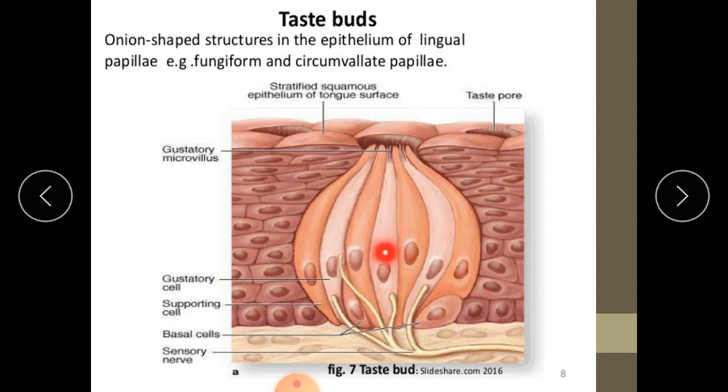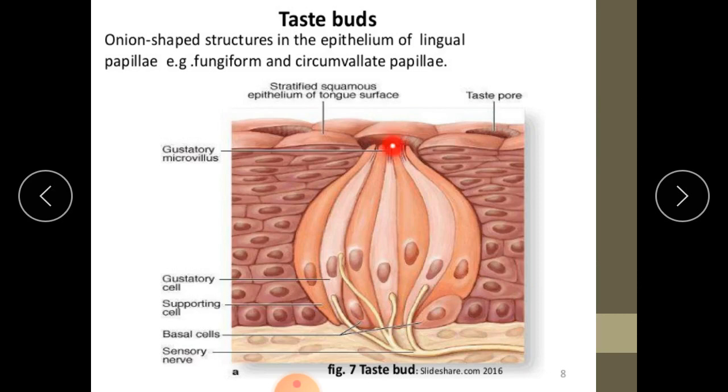In between the taste cells, supporting cells are present. The taste cells are also called gustatory cells, and there are basal cells as well. From the gustatory cells, nerve endings originate and are sent to the brain.